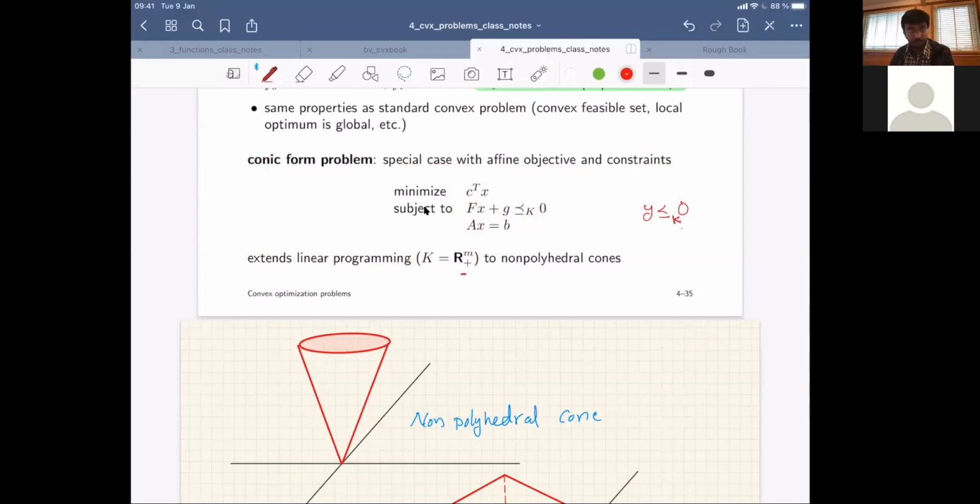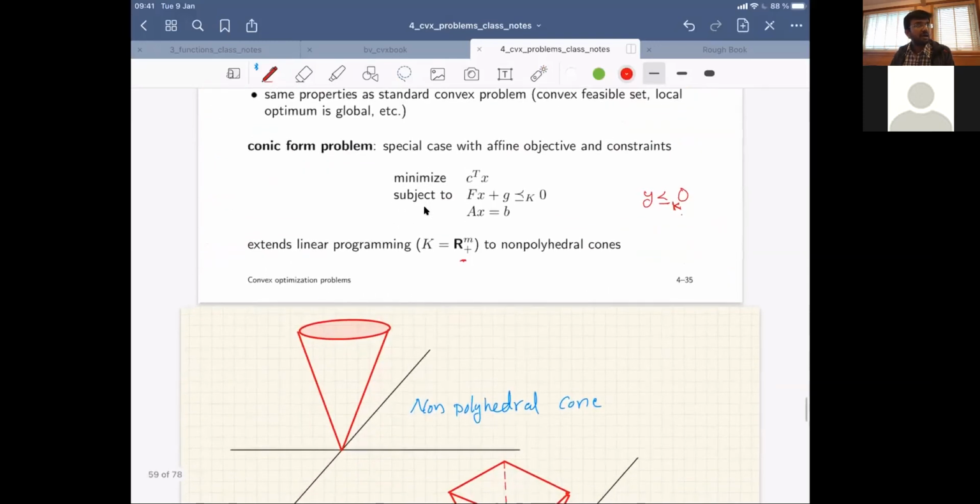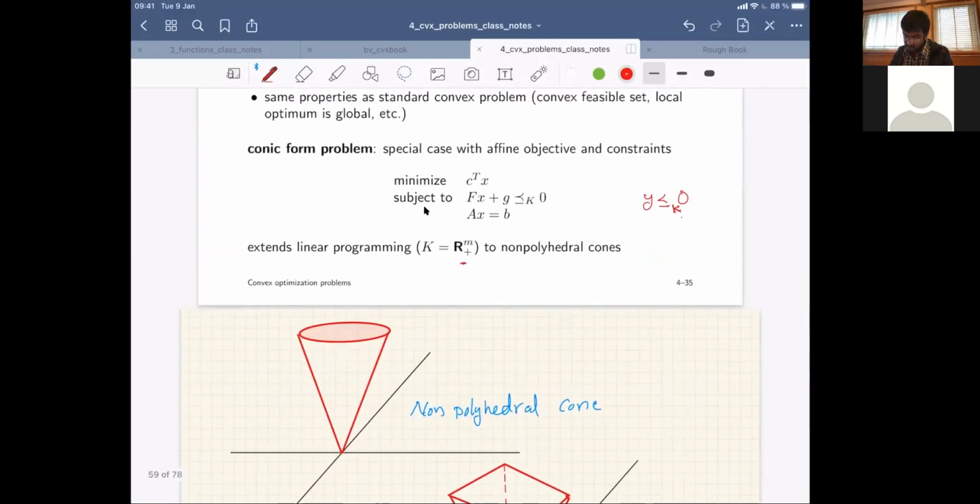When the cone is R m plus, because then it will be a component-wise, element-wise comparison. When K equals R m plus, you are saying y1 is less than or equal to 0, y2 is less than or equal to 0, and so on. Each component satisfies this inequality, so this will be like a bunch of scalar inequalities.